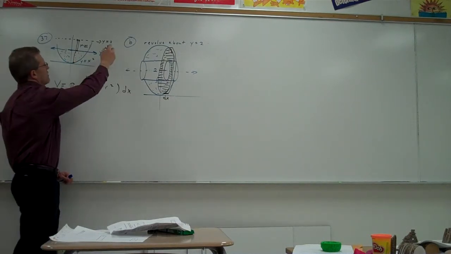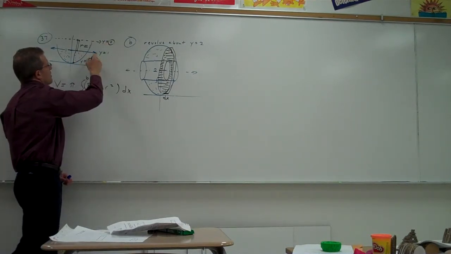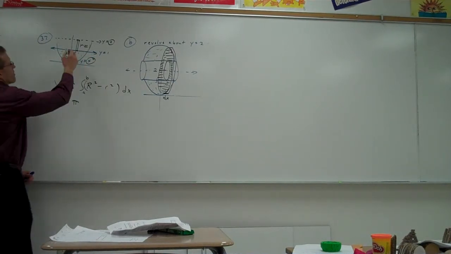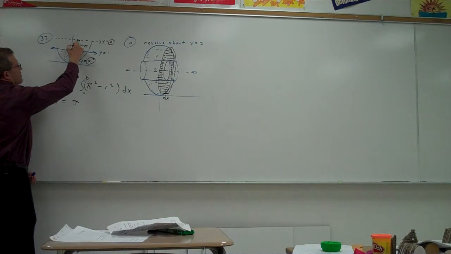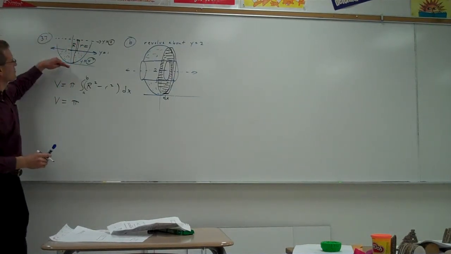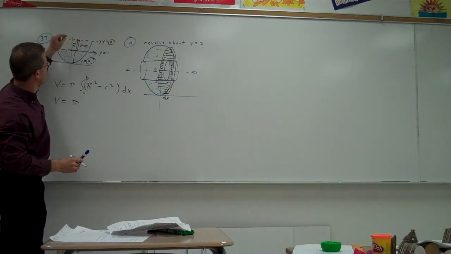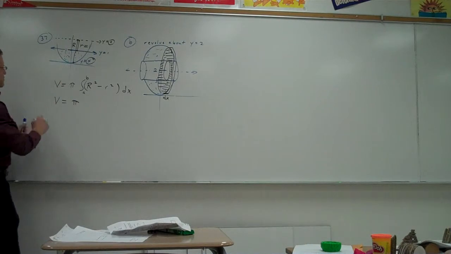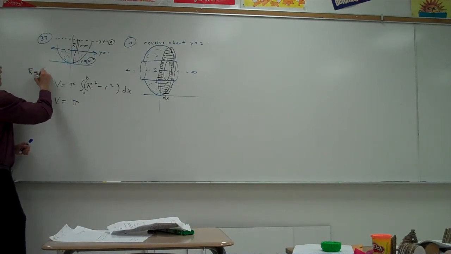So if the axis of rotation is at 2 and the furthest curve is x squared, what would my big radius equal here? 2 minus x squared, right? Do top curve minus bottom curve. Here we did 2 minus 1 to get 1. Here we're going to do 2 minus x squared. So the big radius on this problem is 2 minus x squared.